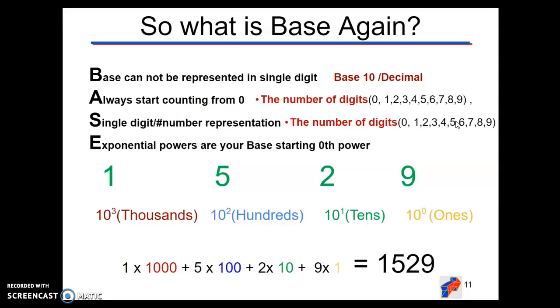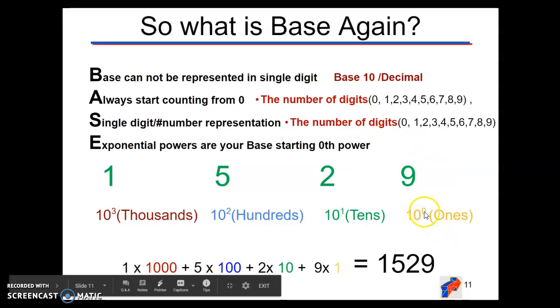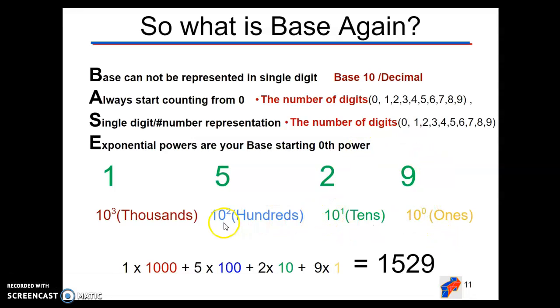Base cannot be represented as a single digit. Right now we are using decimals, base 10. Always start from 0, so the numbers are 0 through 9. Single digit representation, all of them are single digit. Exponential power goes 10 to power 0, 10 to power 1, 10 to power 2, 10 to power 3.